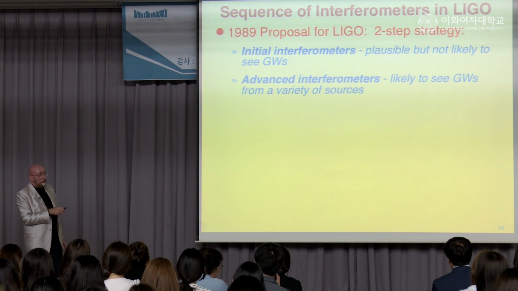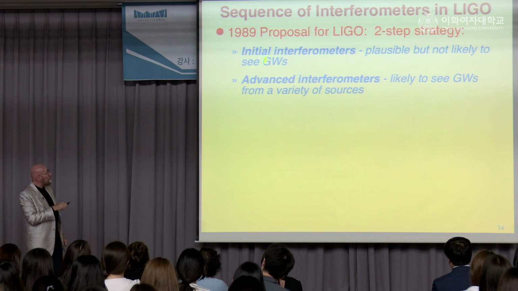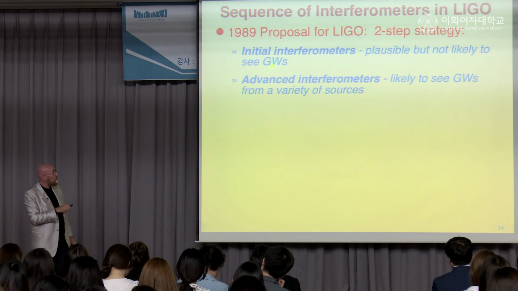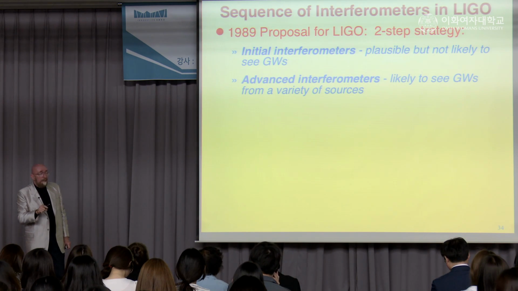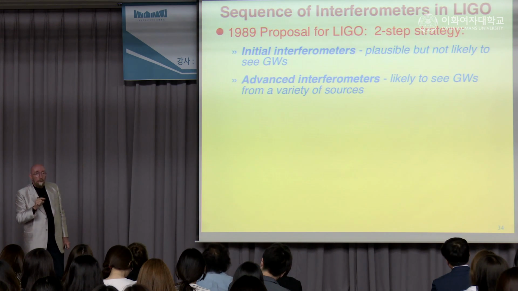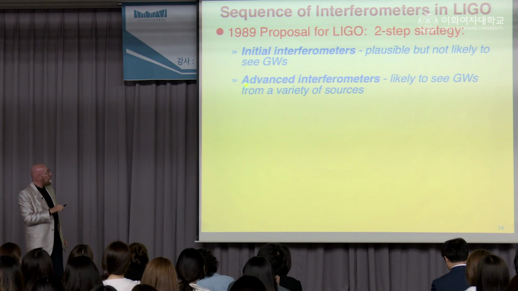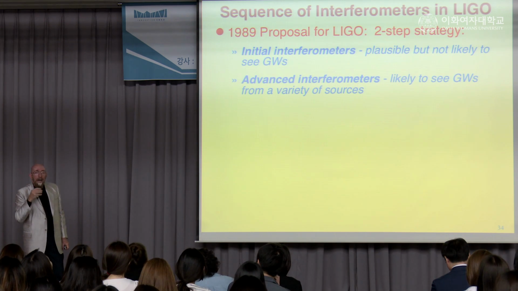In our proposal to the U.S. National Science Foundation, we said that we would build two generations of instruments, initial interferometers at a sensitivity where, if we were very lucky, we would see something, and then advanced interferometers at a sensitivity where we would have a high probability to see a lot of waves.